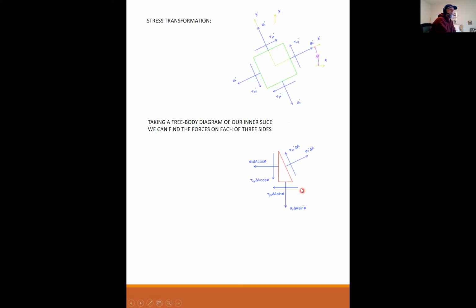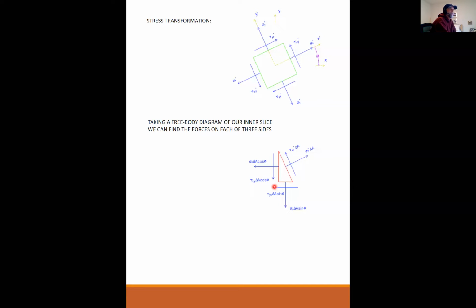Then on my horizontal face, I have sigma y, which is not shown here, but my original sigma y was up and down, times the area, delta A sine theta. Similarly, I have tau yx times the area delta A sine theta. I have my original sigma x in the x coordinate direction times delta A cosine theta. And lastly, my original tau xy on my delta A cosine theta.